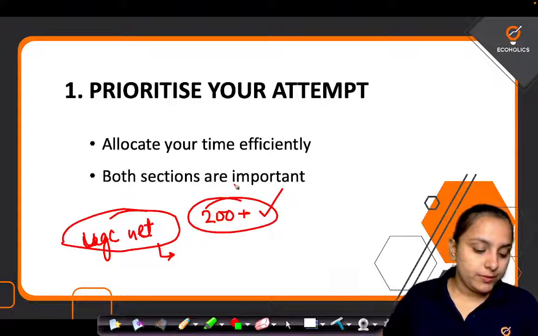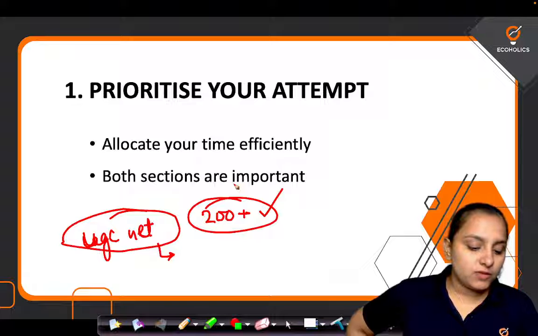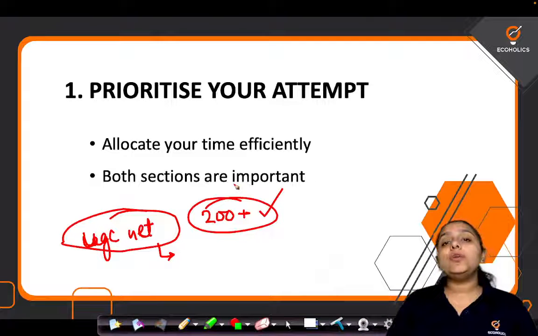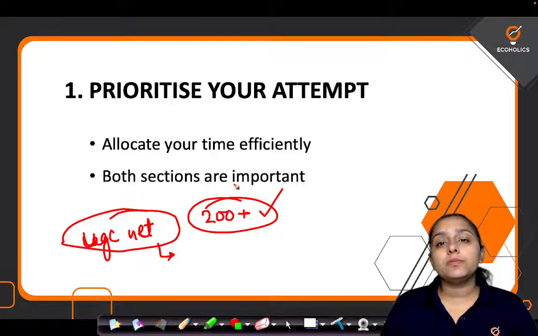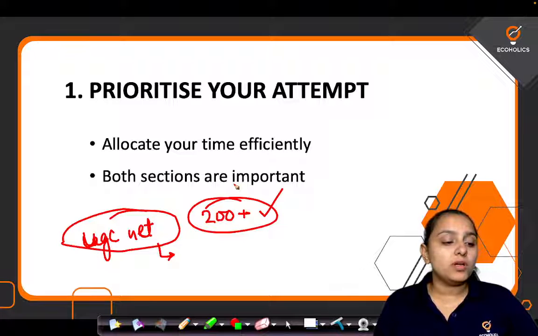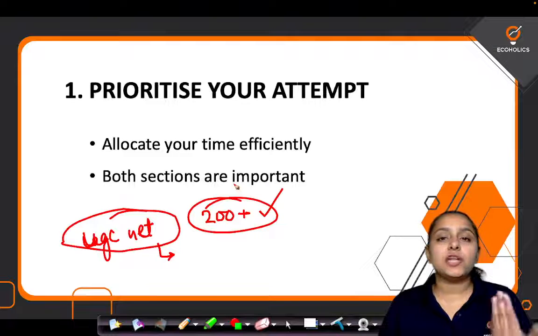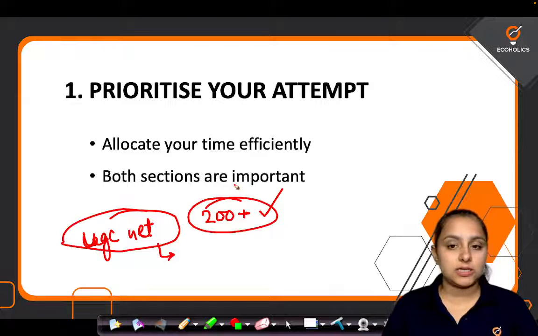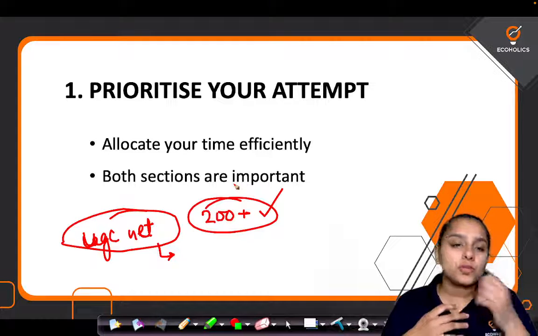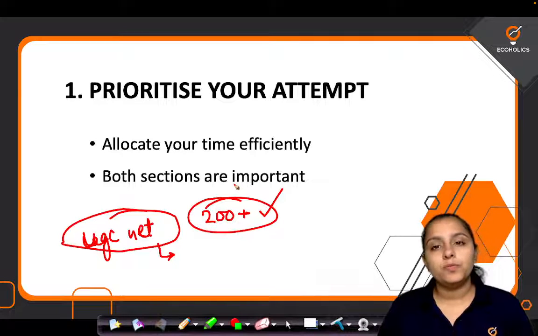Okay. What is the optimal number of hours that one should study per day for JRF? See, it depends on what your basics are. If you have studied well in graduation and post graduation, quite a good number of concepts will be clear to you, so you won't require much time to cover the syllabus.